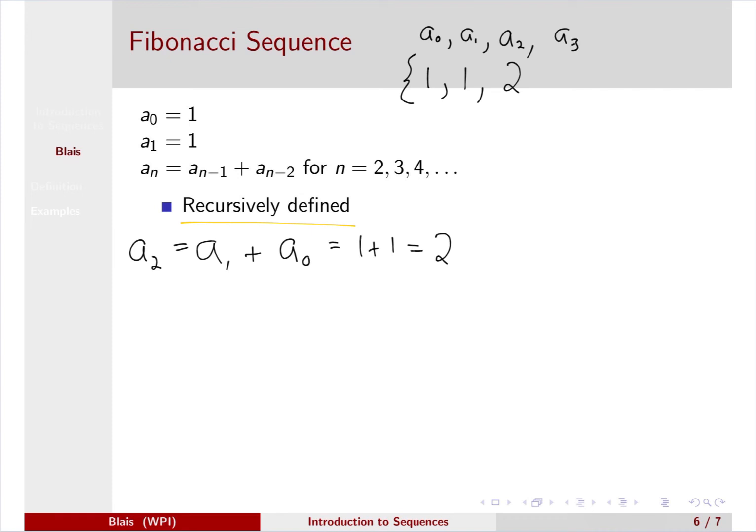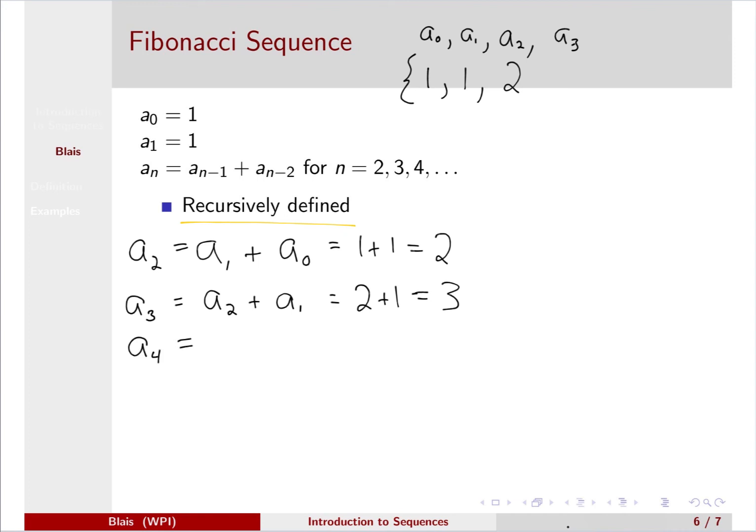Using that same recursive formula, and recursive just means it's defined by previous values of itself, a_3 would be a_2 plus a_1. Come back to our list. a_2 was 2, a_1 was 1. So we get 2 plus 1, or 3.